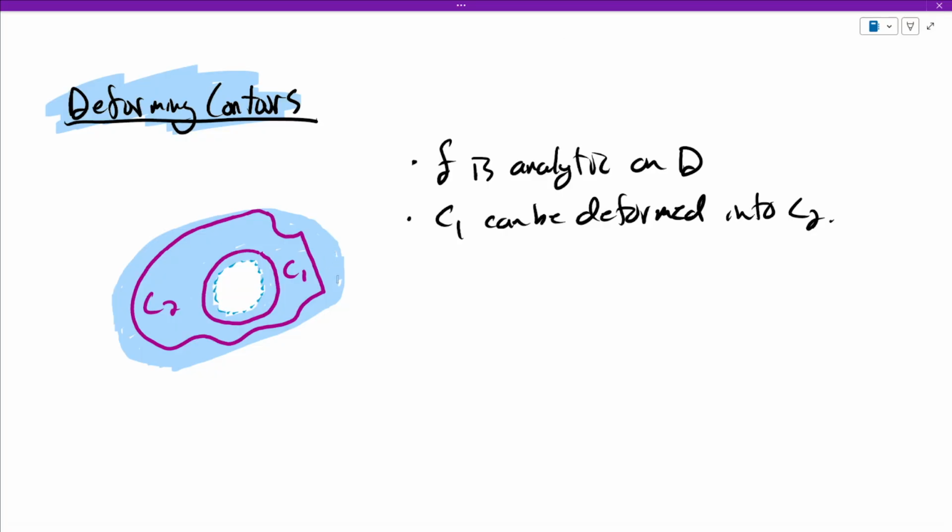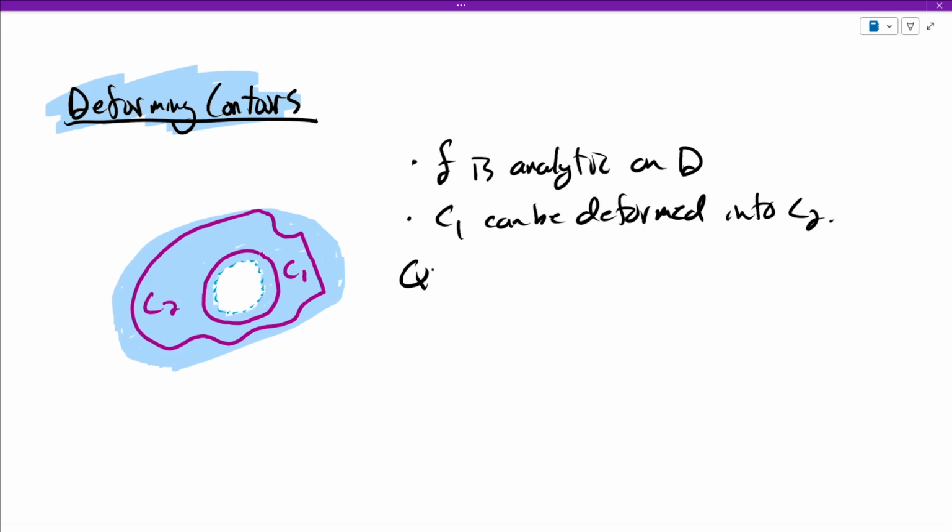You're not going to go over any gaps in D. So these contours can be deformed into each other, and you can imagine just grabbing C1 with your hands and stretching it out, or, if you interchange the roles of C1 and C2, you can imagine grabbing C2 with your hands and kind of stretching it in on all sides, or pushing it in on all sides. Okay? So these contours can be deformed into one another.